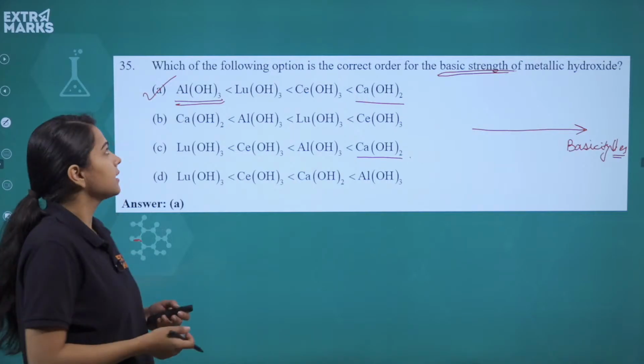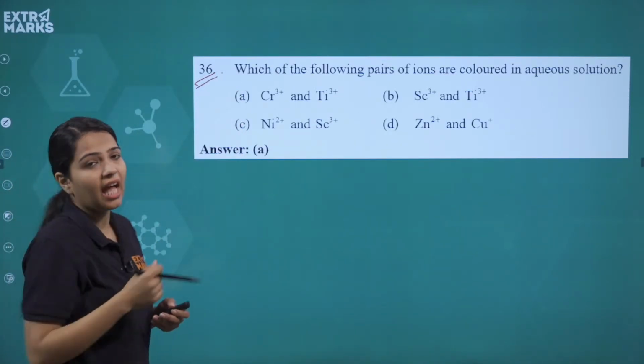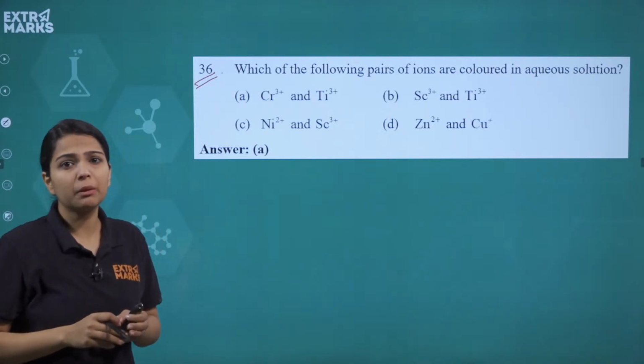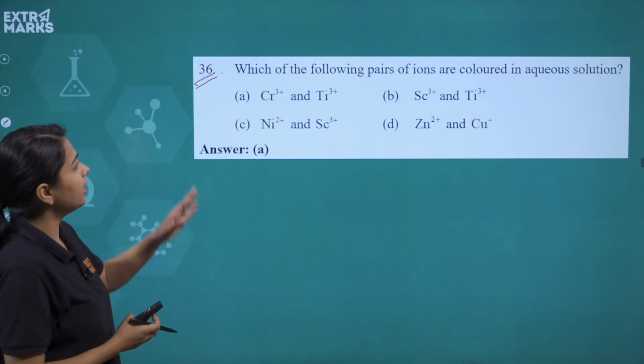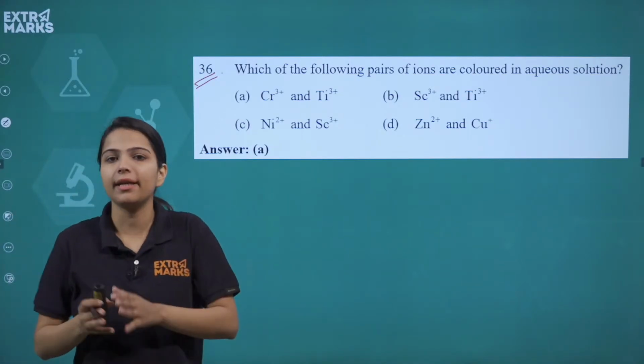Moving on, next, question number 36. Which of the following pairs of ions are colored in aqueous solution? So when I'm talking about the colored solutions here, colored solutions are basically deduced with the fact that we need to have the unpaired electrons.